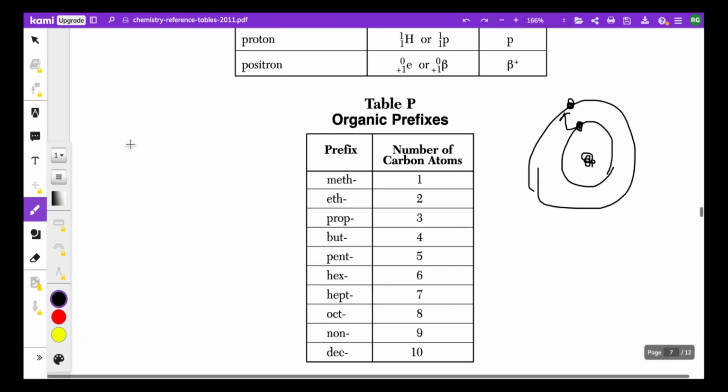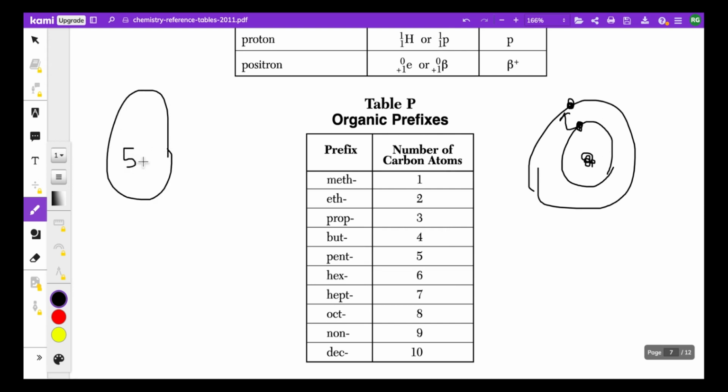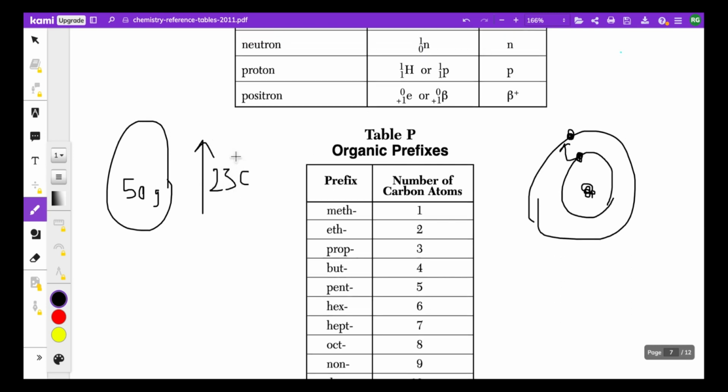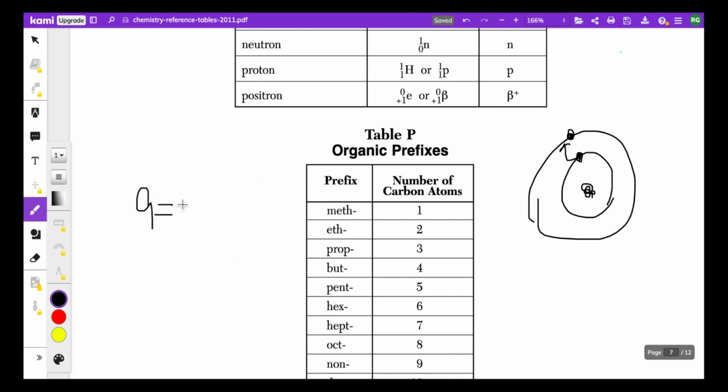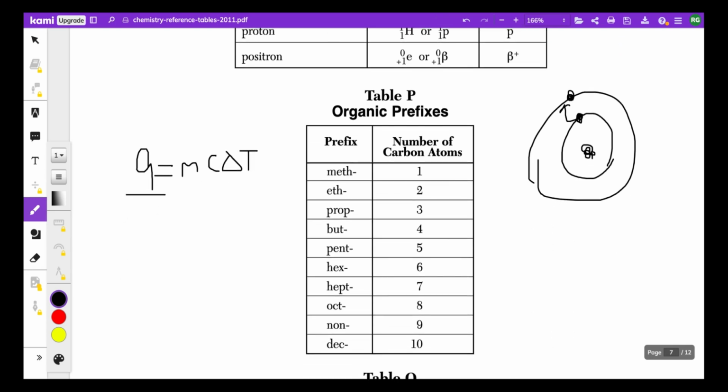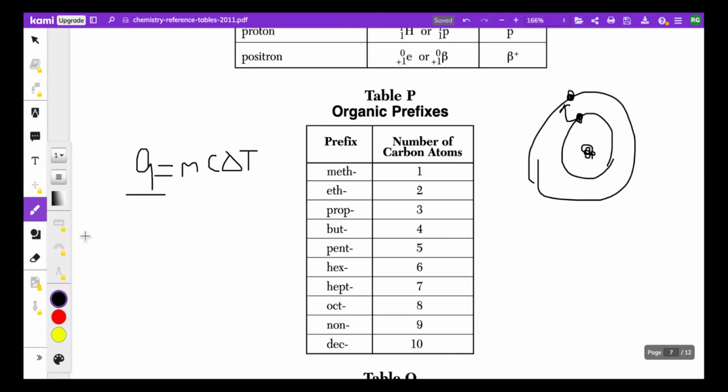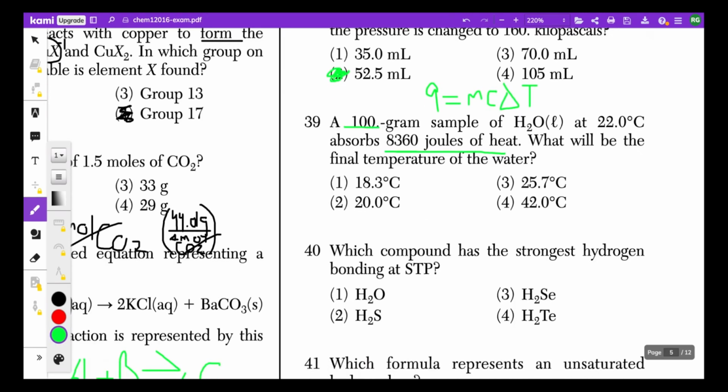Okay, so let's say we have 50 grams of water and we raise the temperature of the water by 23 degrees Celsius, and we want to find out how much heat it takes to do this. And you're going to use this formula, Q equals MC delta T, all right? Where Q is the amount of heat. In this case, 8,360, so let's substitute that in. You have M, that's the mass of whatever you have, 100 grams. All right, let's go.